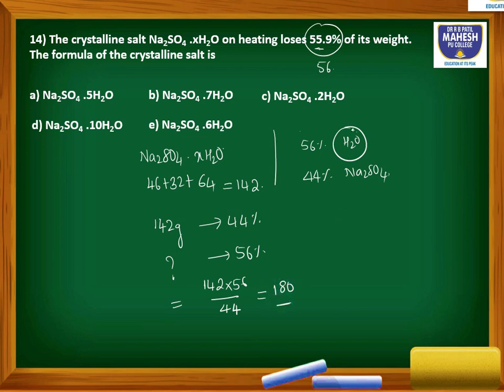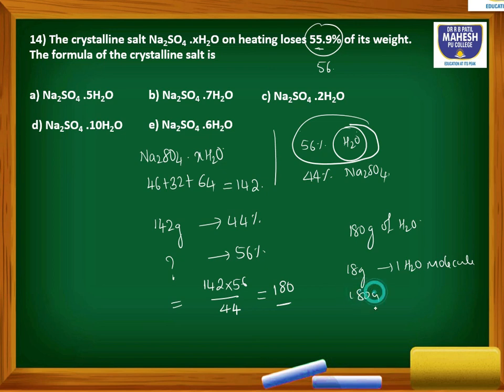So what is 180? That is 56% of water. 180 gram of water is present. We know that 18 gram means 1 water molecule. Then 180 gram means how many water molecules? So 180 into 1 divided by 18 comes out to be 10. So we have 10 water molecules, option D.